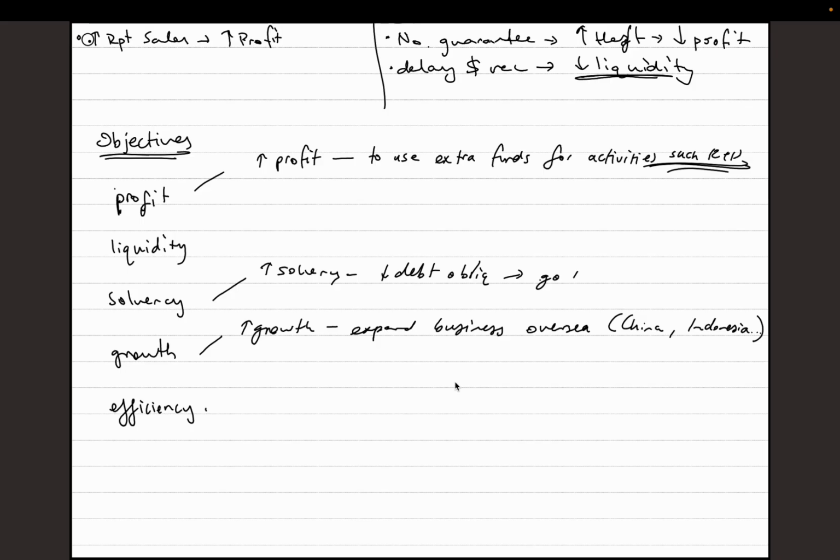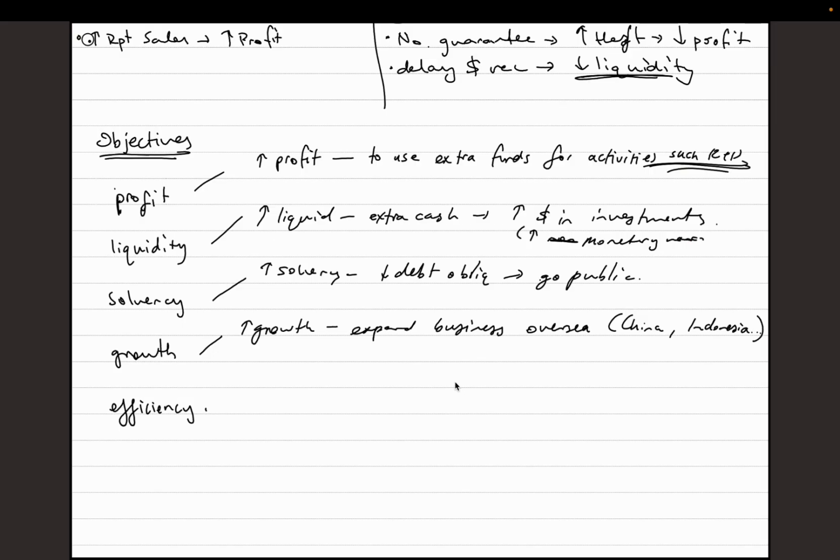So go public and raise equity. Increase liquidity, extra cash. They could put increase money in investments, right? Or they could even go increase monetary rewards.